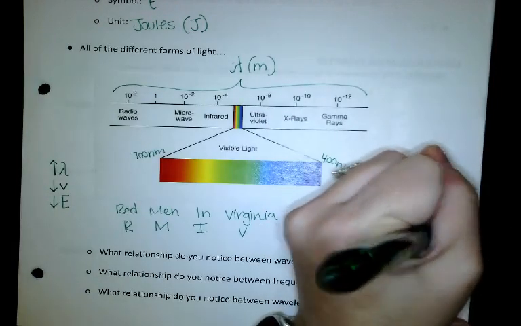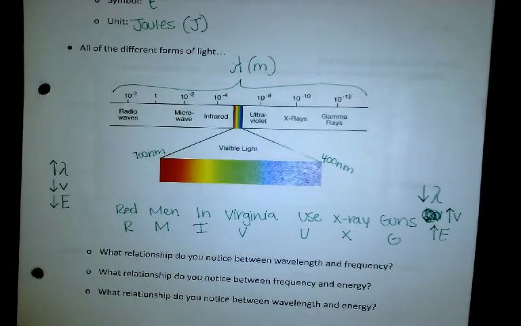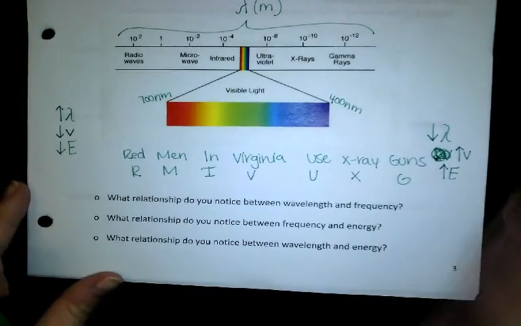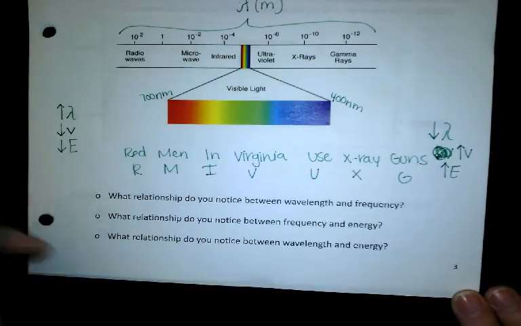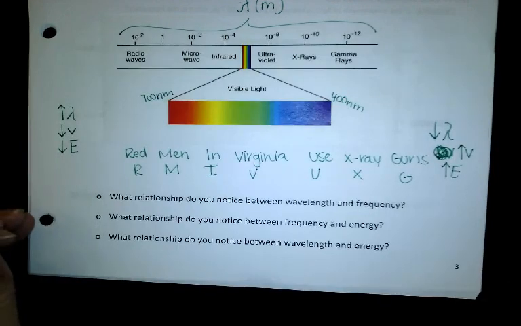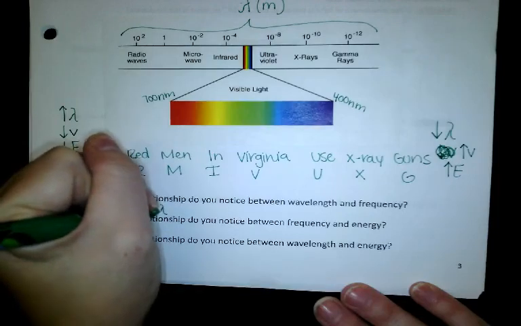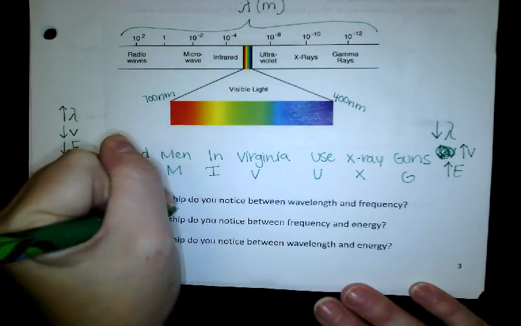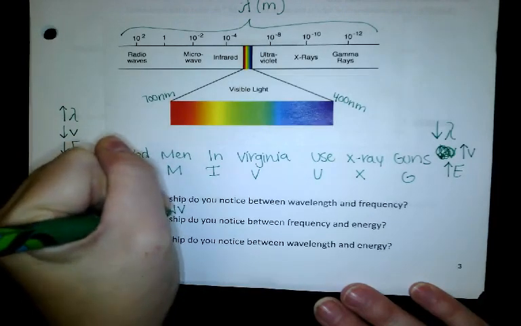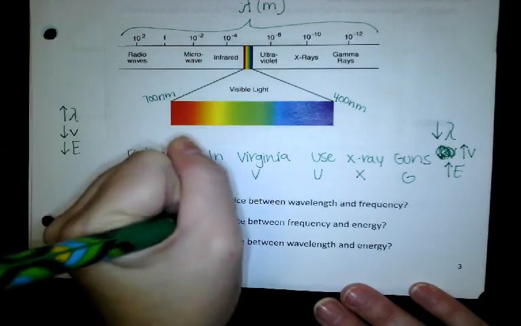It says, what relationship do you notice between wavelength and frequency? As wavelength increases, frequency is going to decrease. That's what we call an inverse relationship. They're opposite of each other.